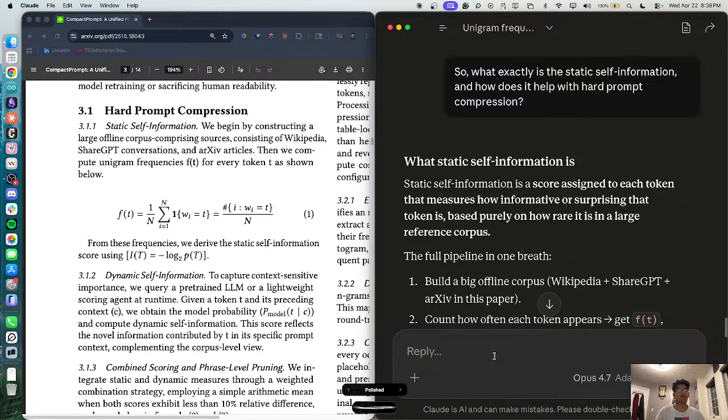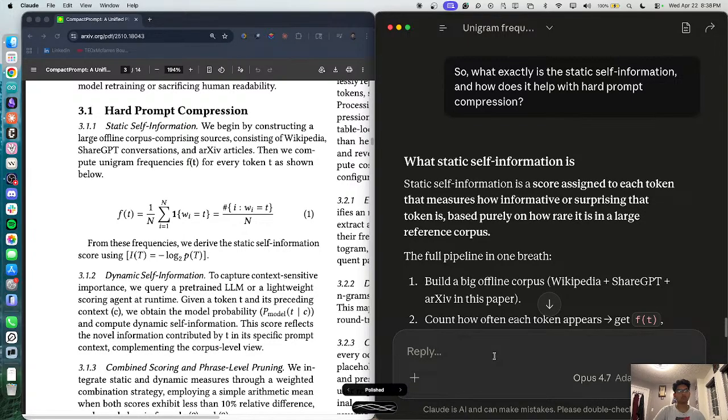And what it does is it computes unigram frequency, which is how frequently a token appears within the corpus of text, and it's modeled by a mathematical formula which uses summation notation to loop over every single token within the corpus and see if each token in that iteration is associated with an input token. And so we're doing this for all of the tokens and seeing how often each token is being used within the corpus of text.